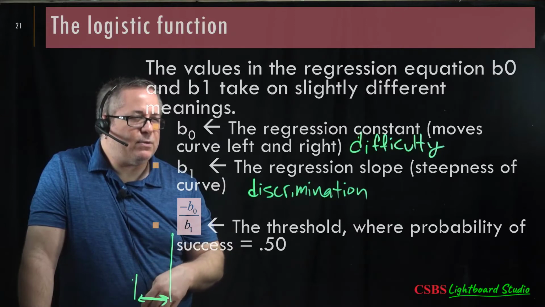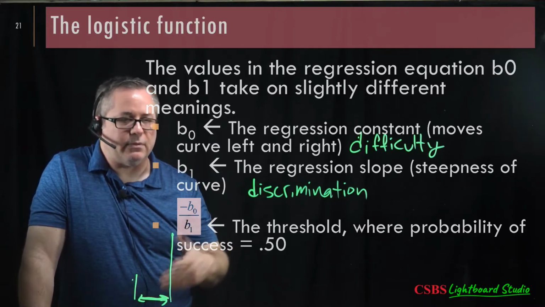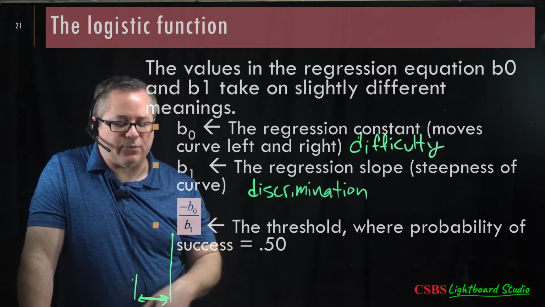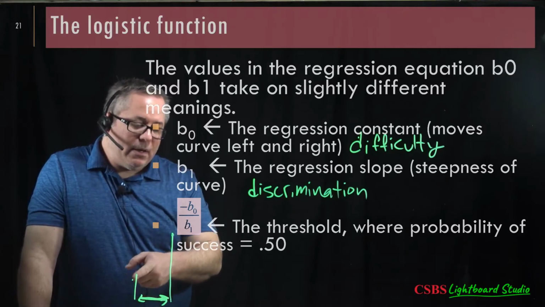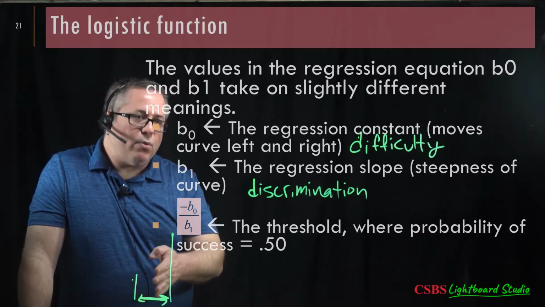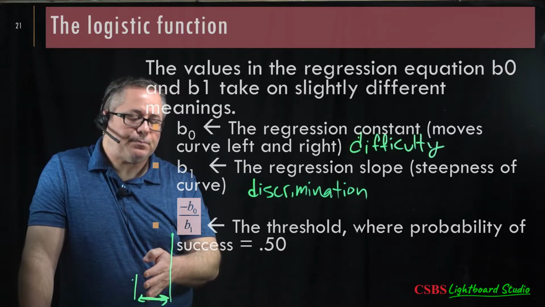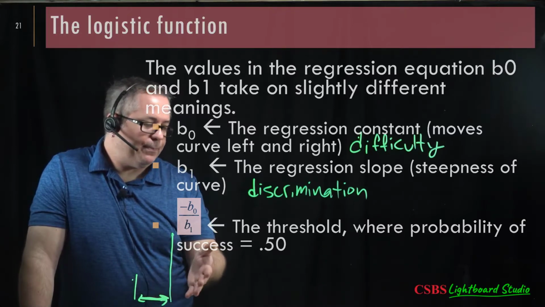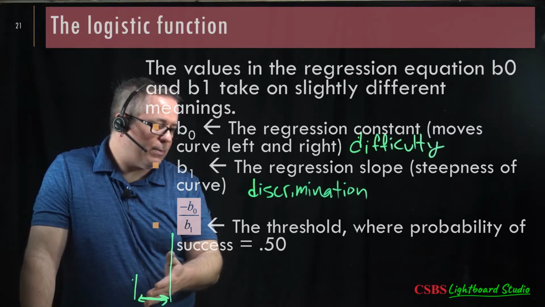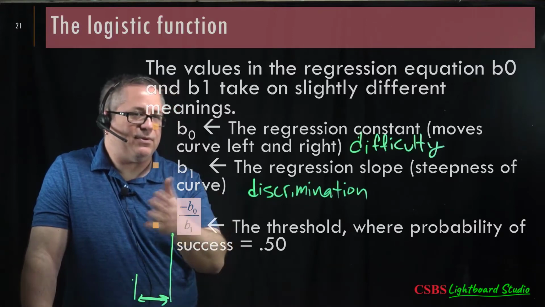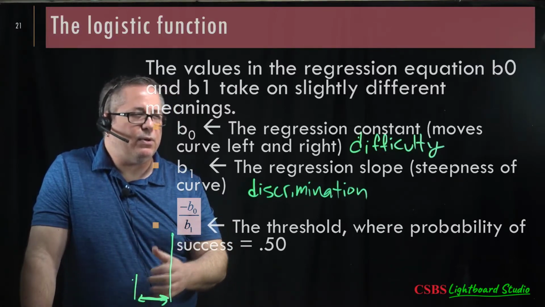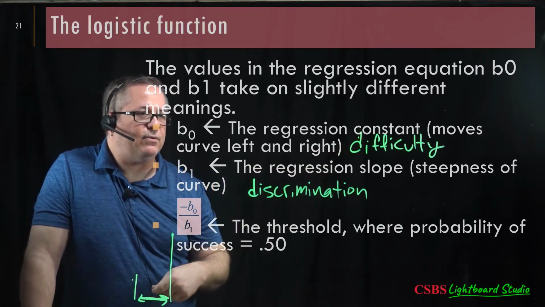In psychology, it gets a little bit weirder. If this is a depression scale, a difficult item means you have to have more depression in order to answer a certain item a certain way. It's weird to call it a difficulty, so it seems a little strange.